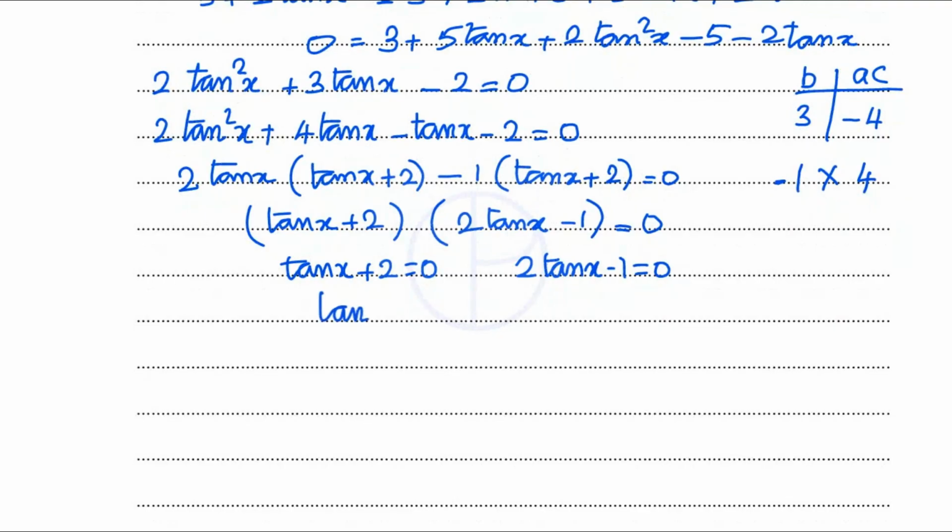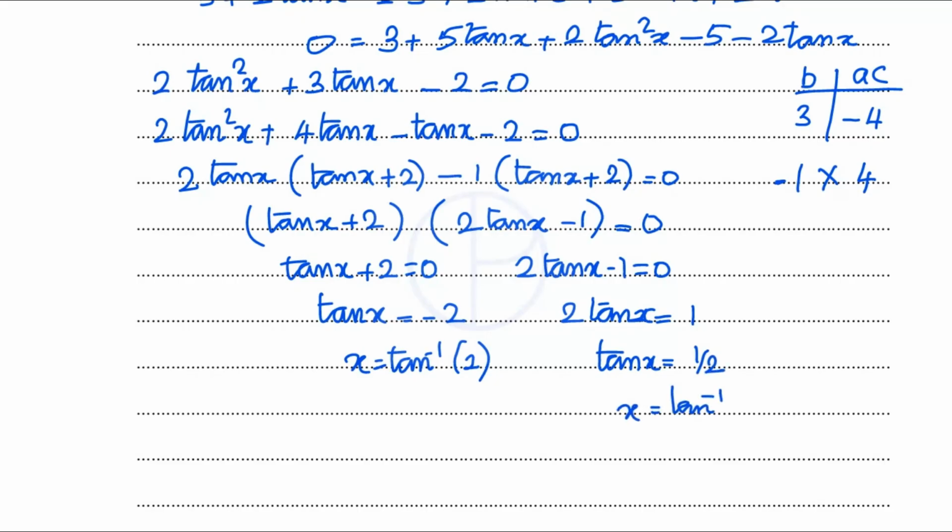So what is tan x? Tan x equal to negative 2, and x is tan inverse of negative 2, and 2 tan x is 1, or tan x is 1 over 2, or x equal to tan inverse of 1 over 2.